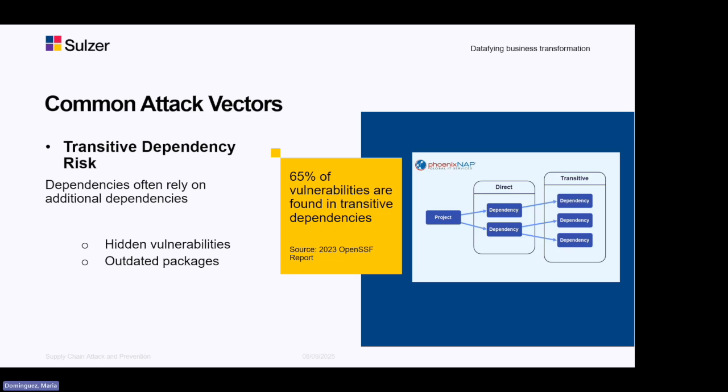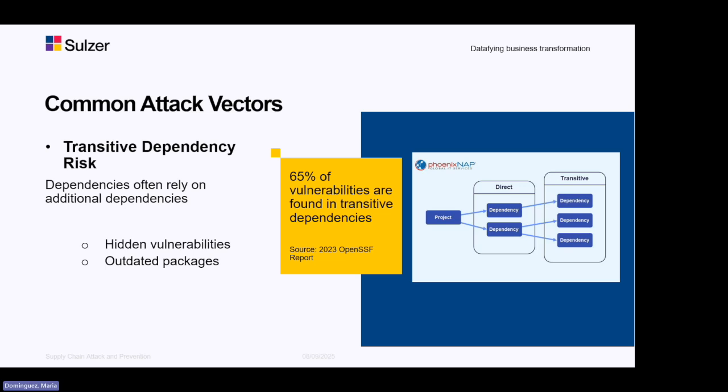As we can see in this study from OpenSSF, 65% of vulnerabilities are found in transitive dependencies, in those dependency trees. And it's difficult to see this kind of risk.